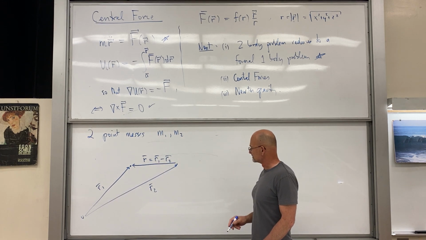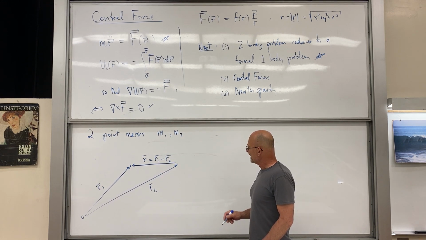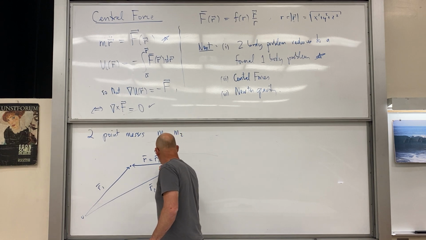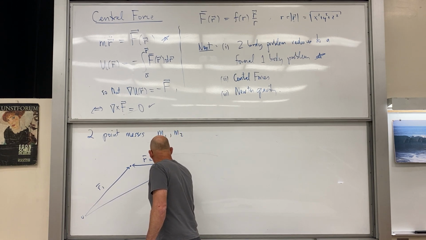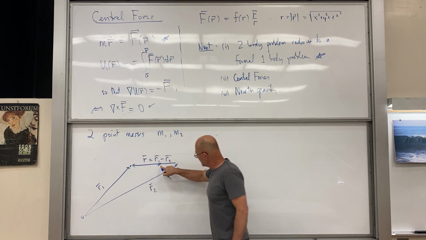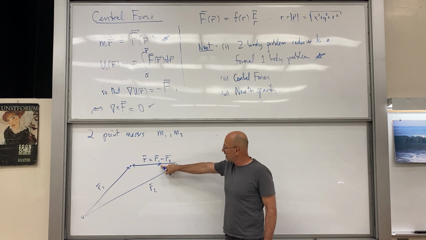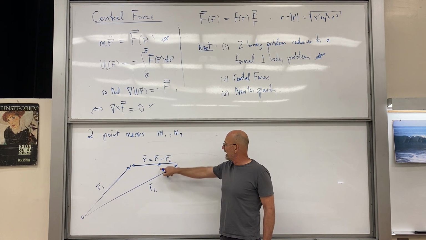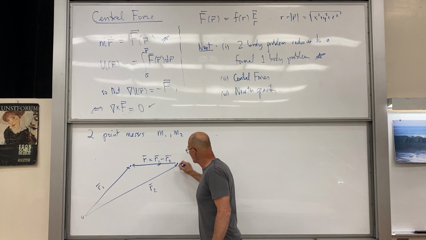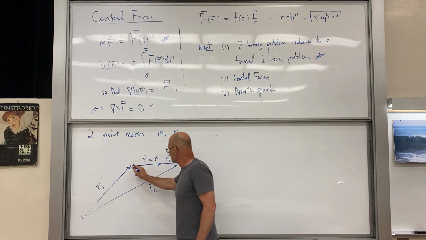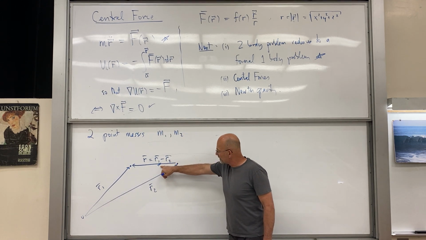And then we're going to take a center of mass. I always like to draw a little star at the center of mass, M1 and M2. So we suppose the center of mass is right there.